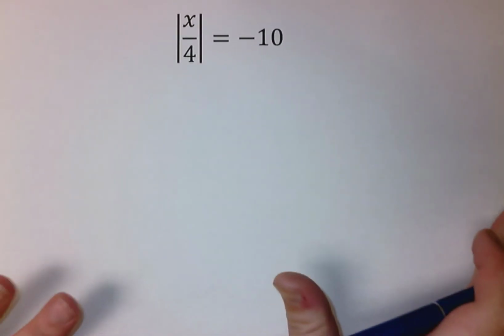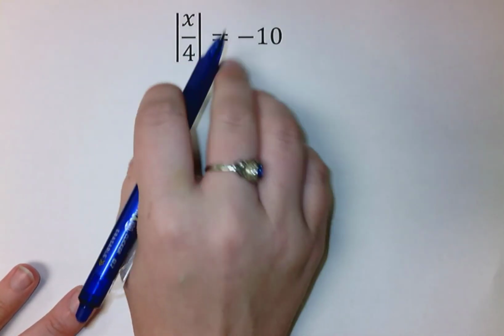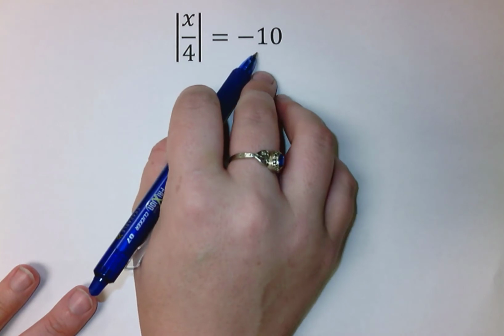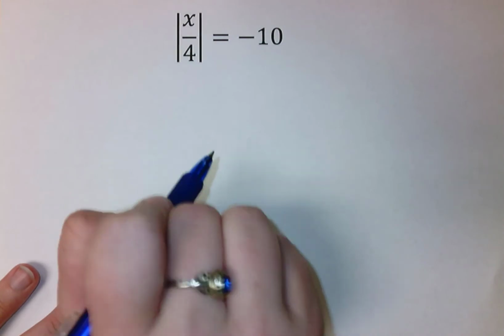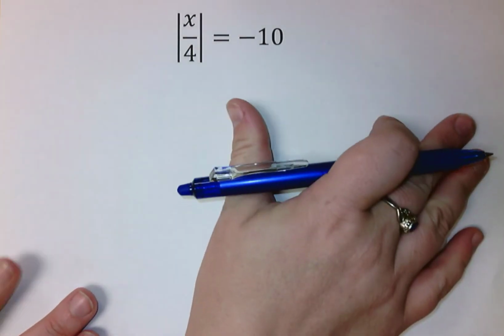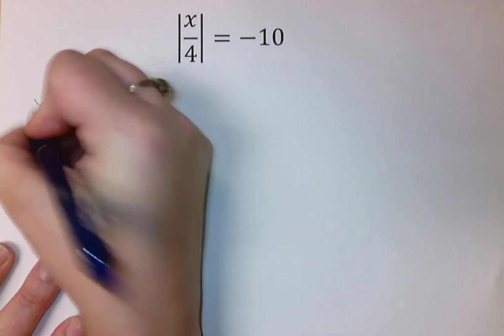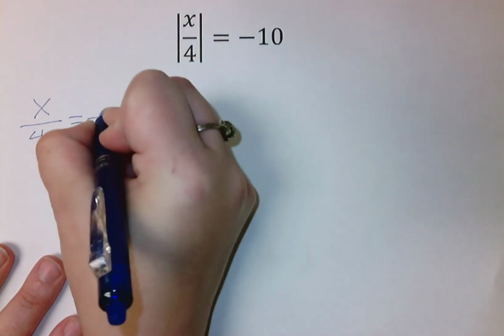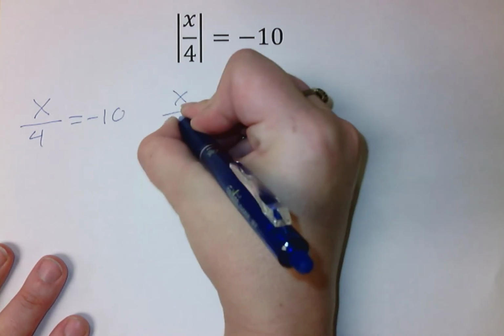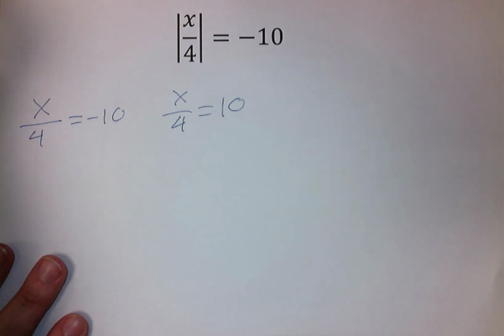All right, so let's look at this problem here. My absolute value is isolated, but it's equal to a negative. We're going to talk about why we can't have an absolute value equal to a negative. Just for the sake of working this out, I'm going to treat this like a normal problem and set up my two equations.